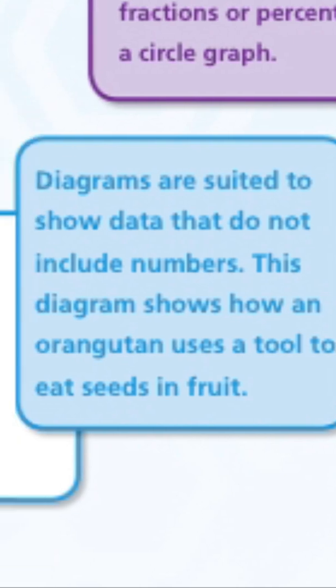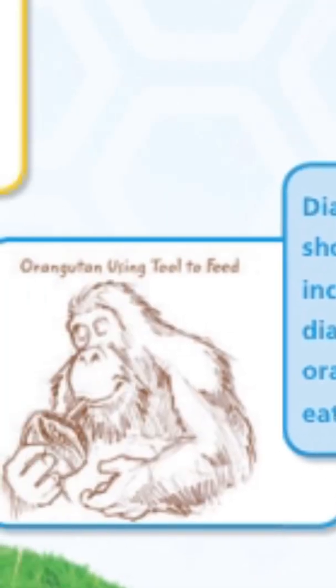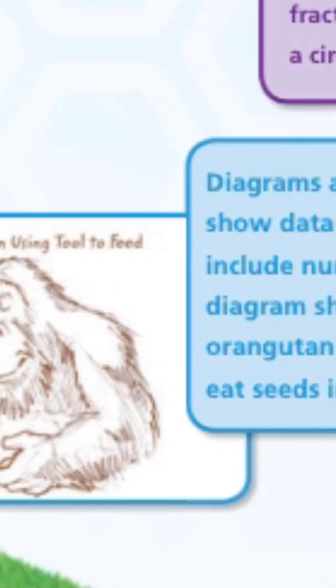This diagram shows how an orangutan uses a tool to eat seeds in fruits. Now let's see the next page.